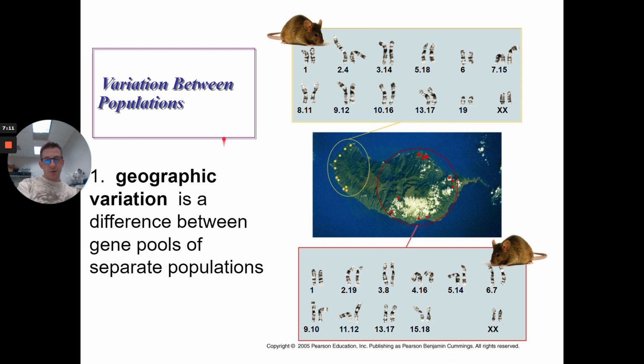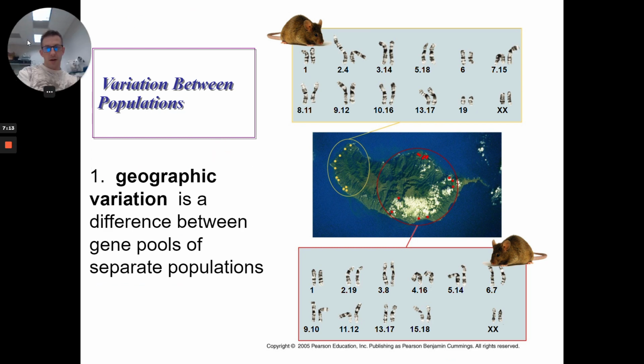We see variation between populations, and we can start that discussion by looking at geographic variation. The example that's given on the right-hand side here is two different mouse populations, and the gene pools of these two different mice populations happen to be different. They look like very similar mice, like this mouse right here looks almost identical to this mouse.